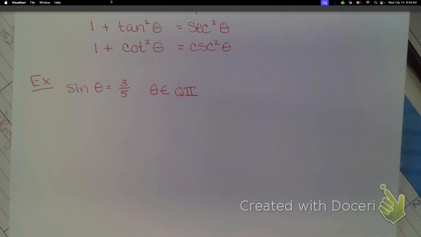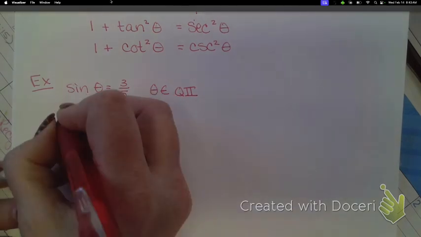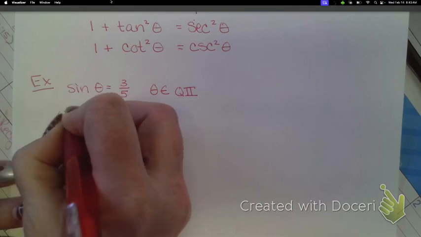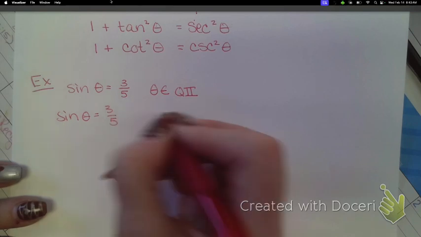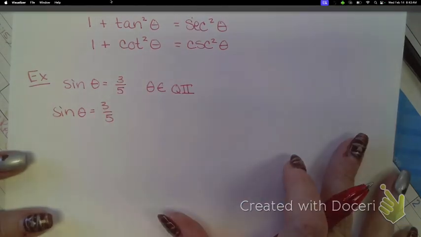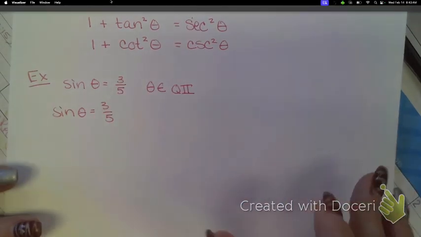They would say find the remaining trig functions. So I gave you one. How many more do you need to find? 5. Okay? So I always start with sine of theta equals 3/5. Where can I go immediately from sine of theta to what? Cosecant.